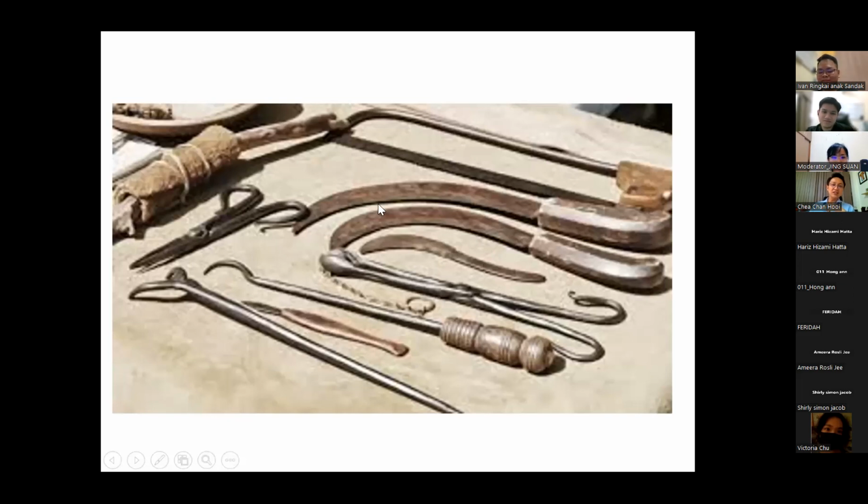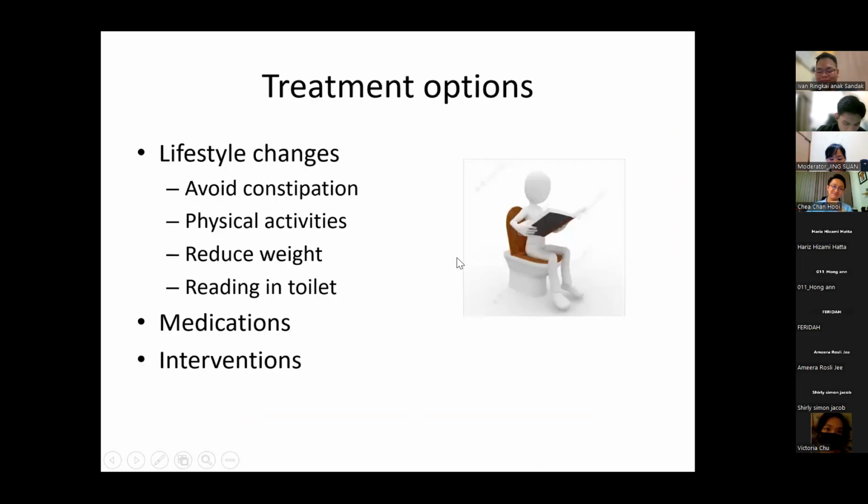And I kid you not, these are all real instruments used back in those days. Now they are only found in surgical museums, but these are all instruments used to perform various surgeries back then. Okay, so nowadays we don't do that anymore, right?